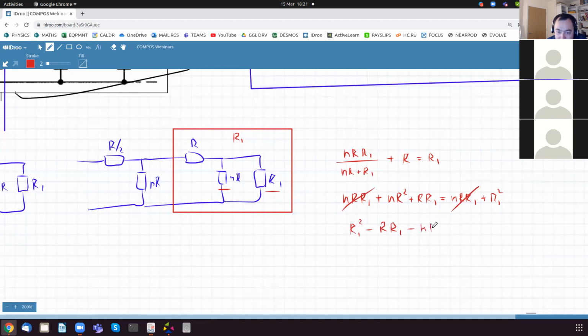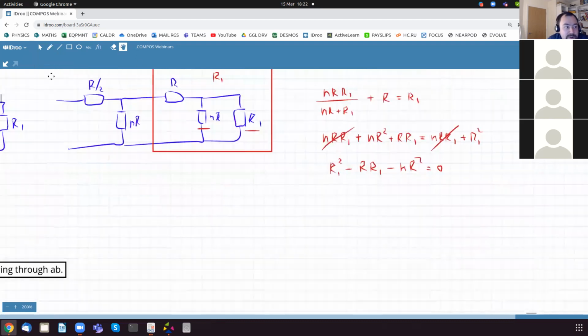With the same substitution as in the previous one, I have U squared minus U minus N equals 0.